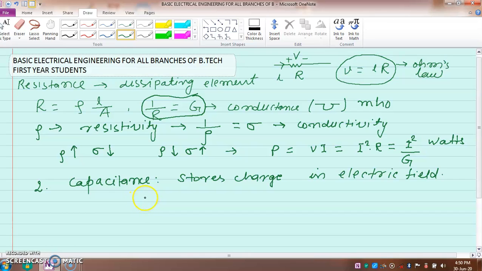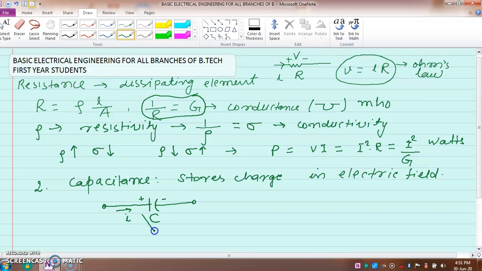It is symbolically represented like this: one straight line and another line tilted like this, and it is C. The straight line is positive and the tilted line is negative. Suppose a current is flowing like this.